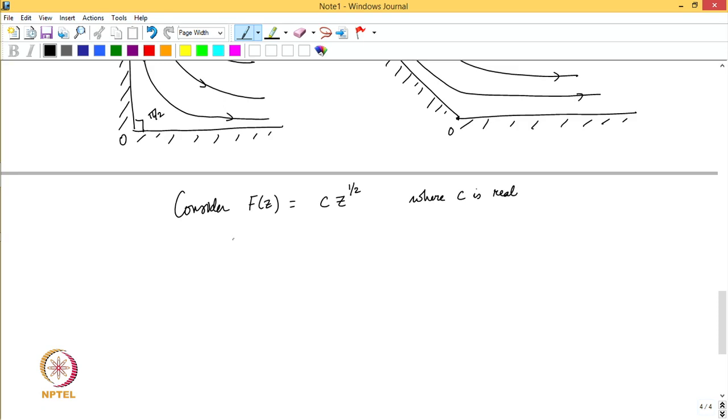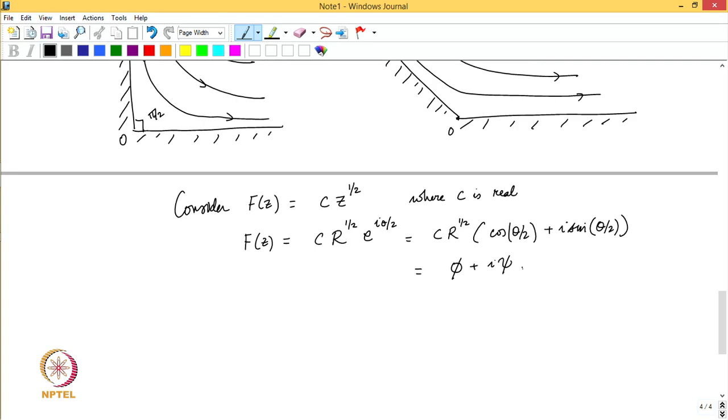So, again we will start, as I said, with my favorite tool, which is to use cylindrical coordinates. So, we will say this is c square root of r into e to the i theta by 2, which we could write as c into square root of r, I can say this would be cosine of theta by 2 plus iota sine theta by 2, and that should be phi plus i psi.